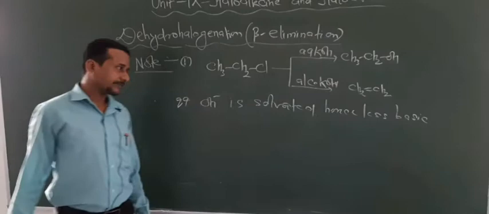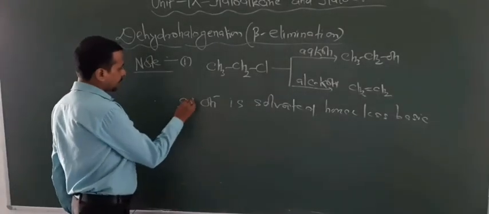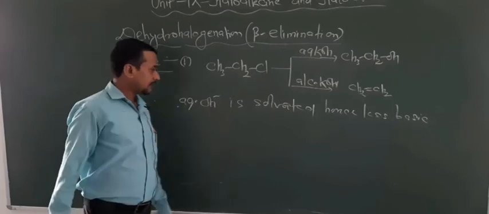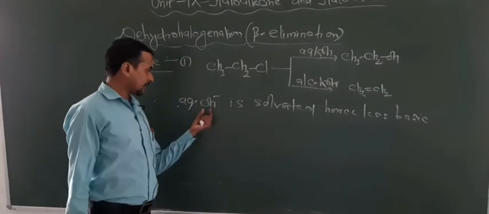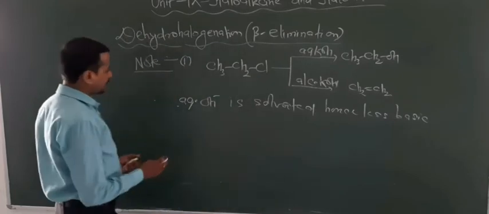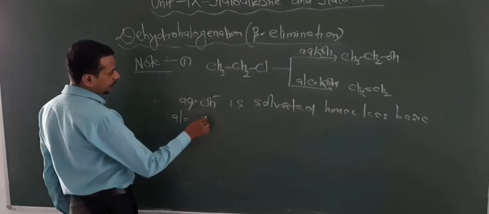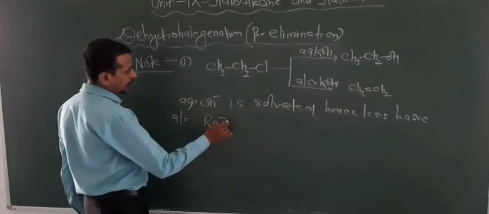You can also say that in water, the OH is highly solvated and hence the basicity decreases, but alcoholic KOH will give RO minus.